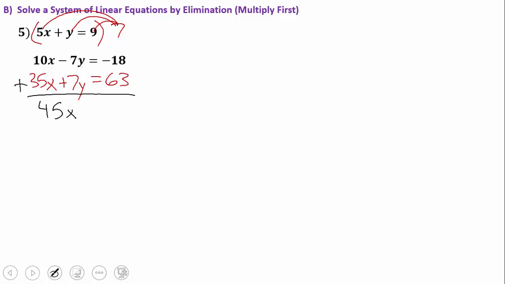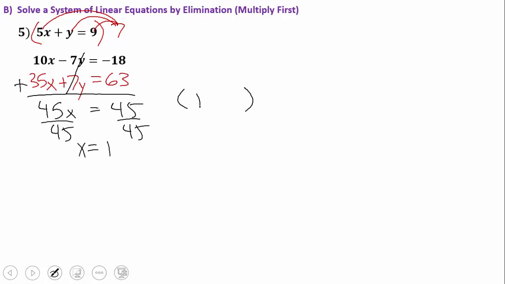Negative 7y plus 7y, well, they are eliminated because they give us 0. And negative 18 plus 63 is 45. Now we need to isolate x by doing the inverse, dividing by 45. We do it to both sides to keep the equation balanced, and we realize that x is equal to 1.